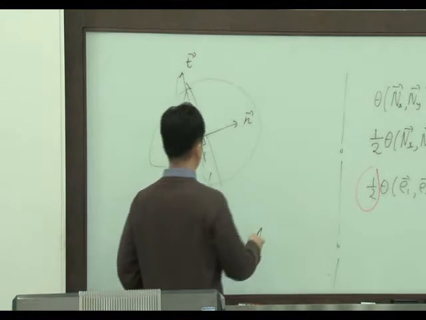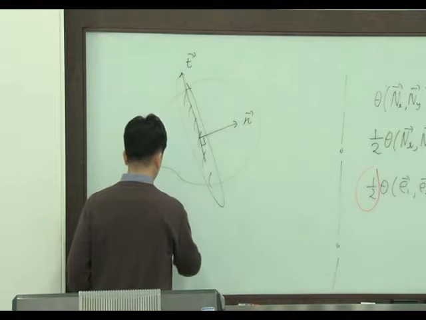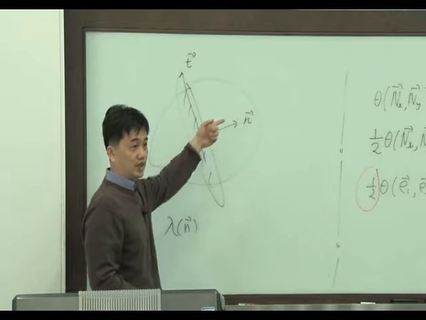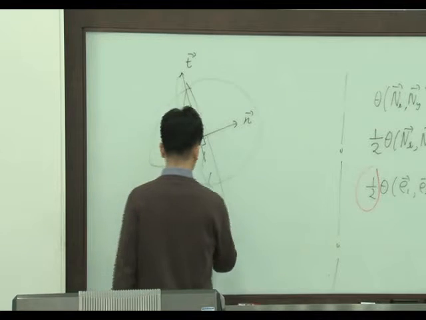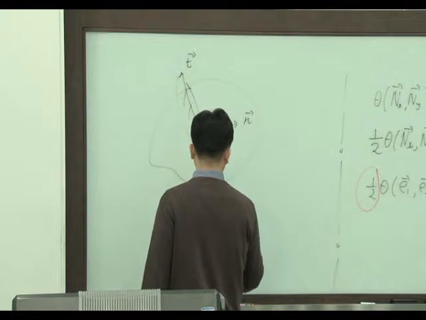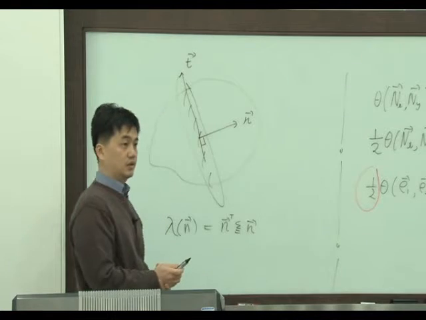Then we can calculate lambda n. This is the length change in the n direction, the normal direction, equal to n transpose small strain n. Right?